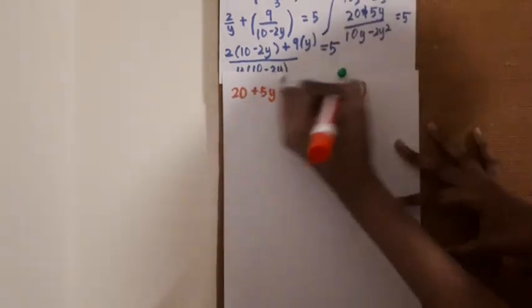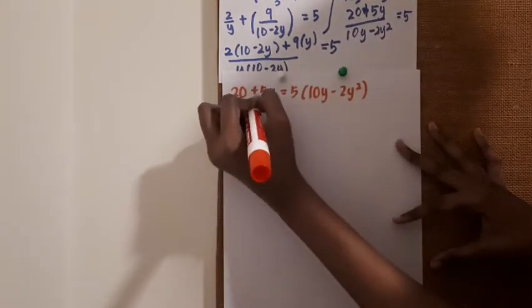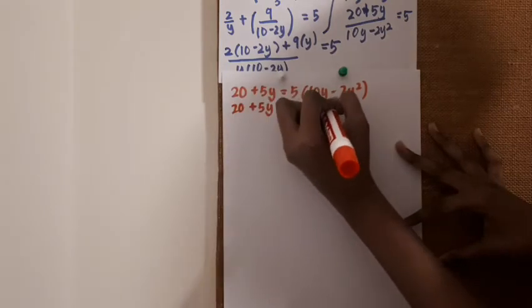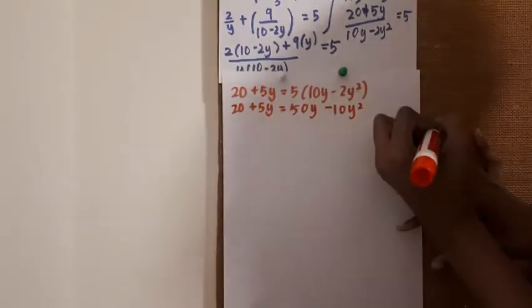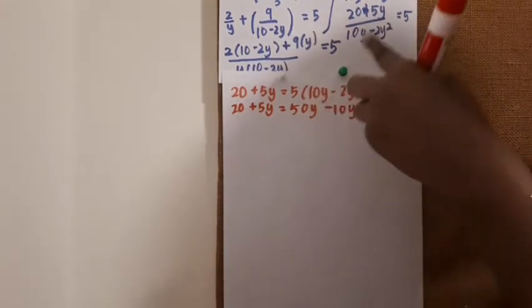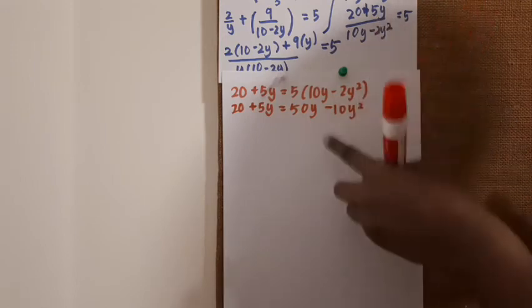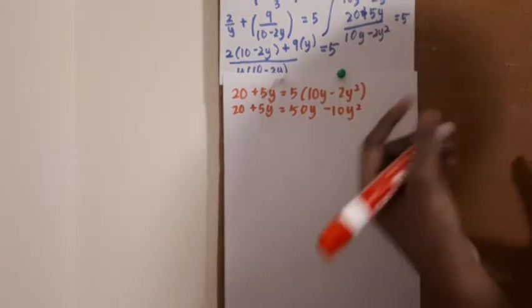So you can always open up the bracket. You're going to get 50y minus 10y squared. Okay, 5 times 10y is going to be 50y. 5 times negative 2y squared is going to be negative 10y squared.